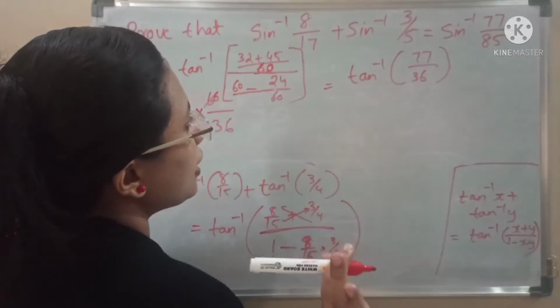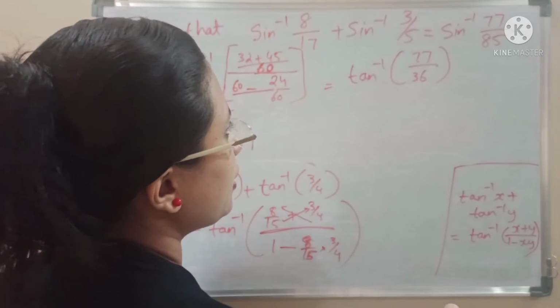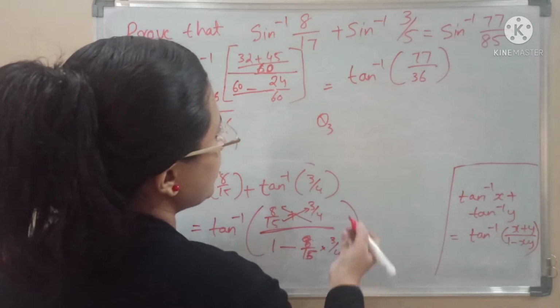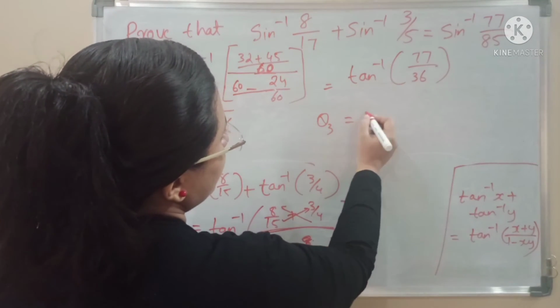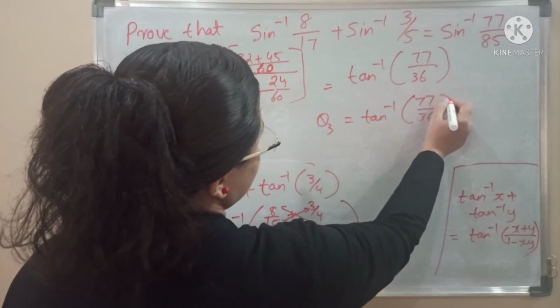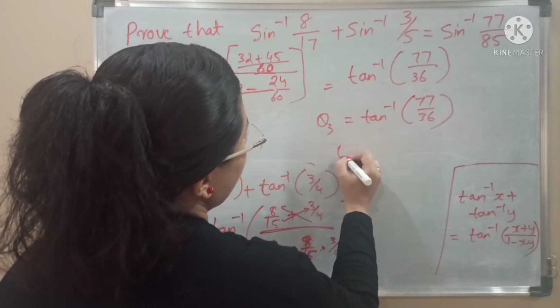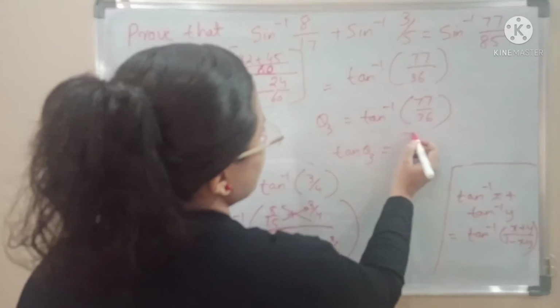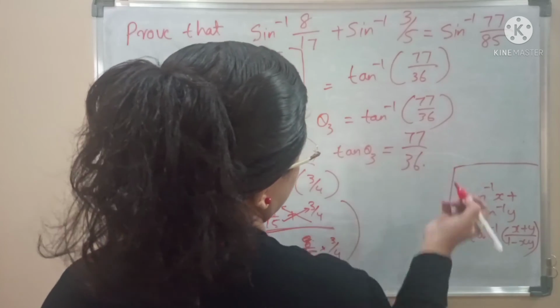We got the tan inverse of 77 by 36 value. So now just label it as theta 3 equals tan inverse of 77 by 36. So tan theta 3 equals 77 by 36, right?